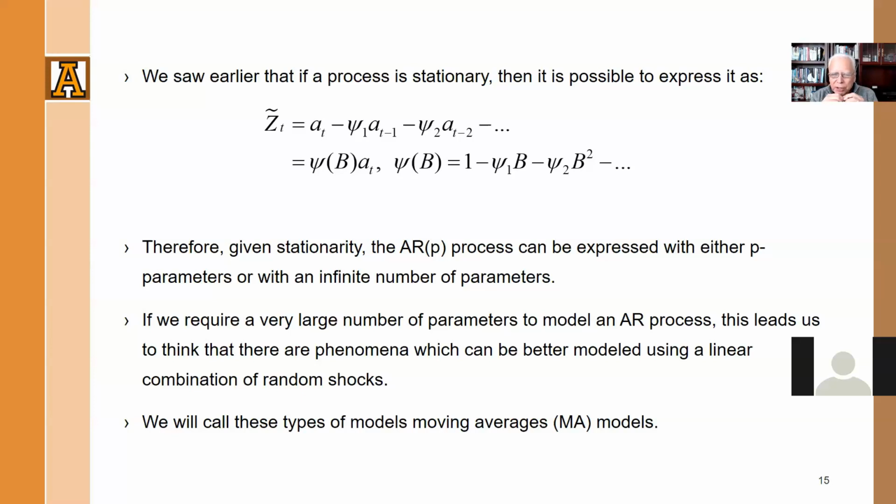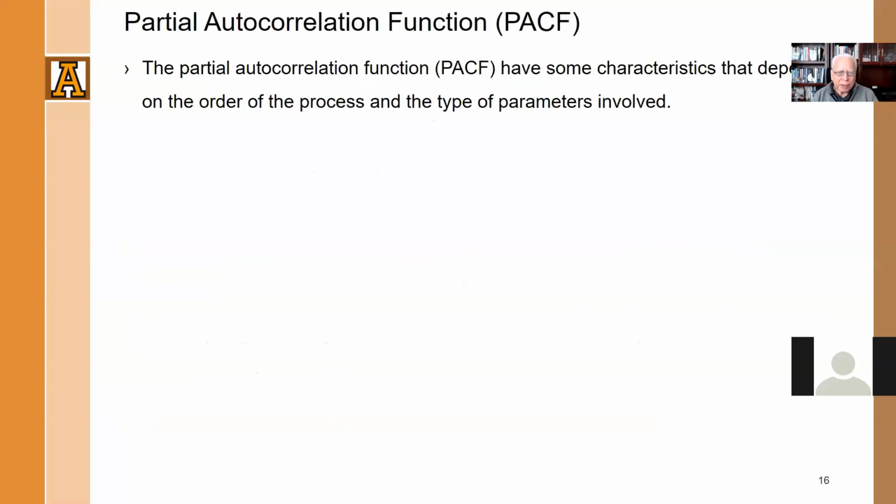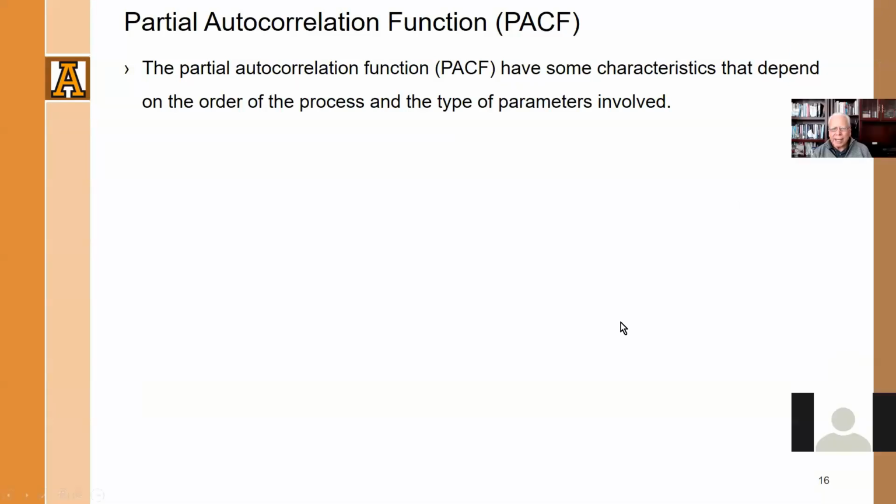To be able to determine the order of an autoregressive model, we are going to introduce something called the partial autocorrelation function.